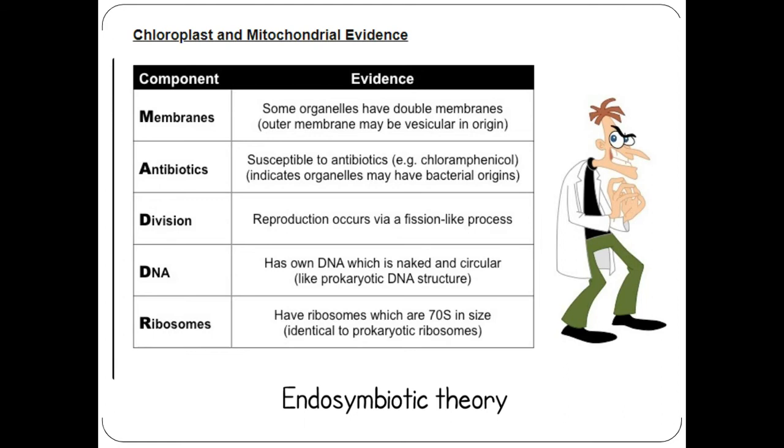They reproduce in a fission-like process. That's kind of crazy if you think about it. The DNA has its own specific markers separate from the DNA of the nucleus, and the ribosomes are about the same size as a prokaryotic ribosome. That's kind of crazy if you think about it.